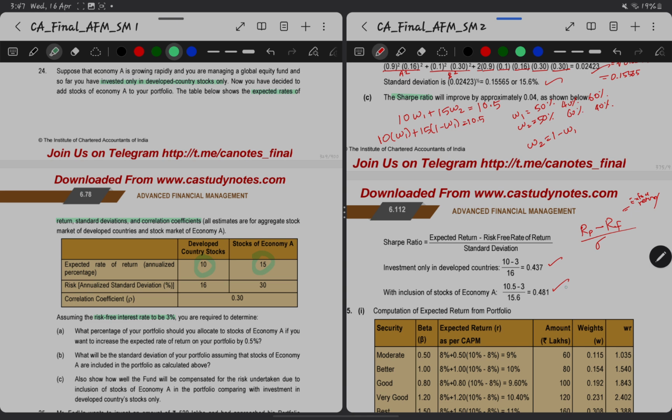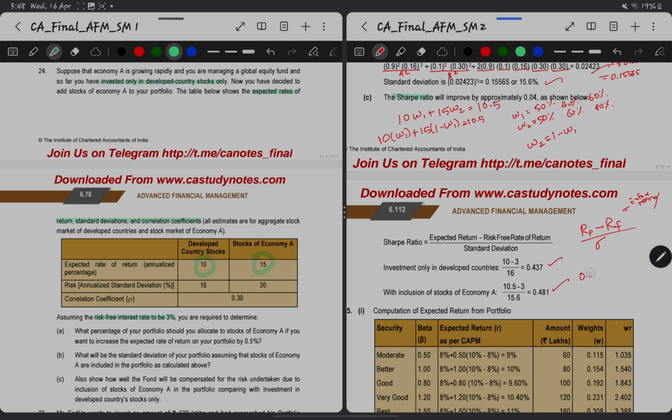Now as we can see, after including stock A to the extent of 10%, our per unit risk return, the extra return which we are earning, has increased from 0.0437 to 0.0481.